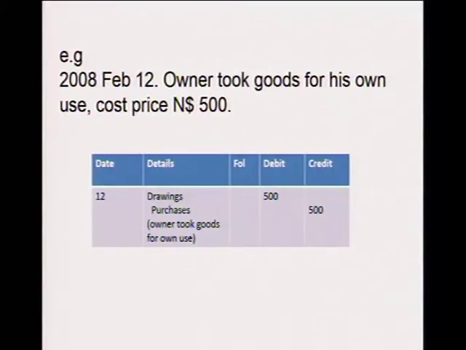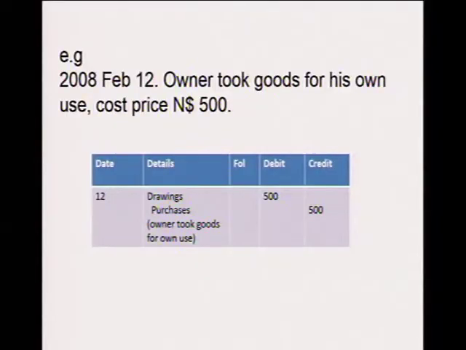Drawings is an owner's equity. If we go back to the rules of accounting, owner's equity increases on the credit side and decreases on the debit side. So drawings will be the first account to be debited with 500.